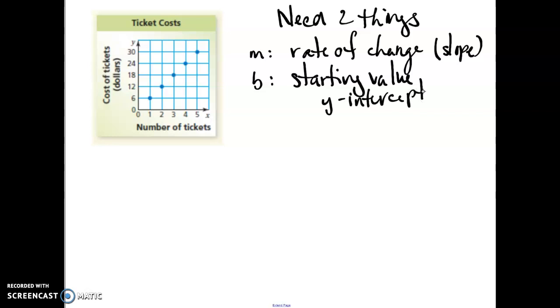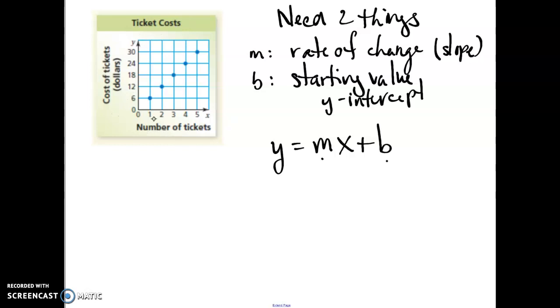Right? So we need to know 2 things in order to find the function rule for a function. And once we have those, we can then fill in the equation y equals mx plus b, because we will know m and b.